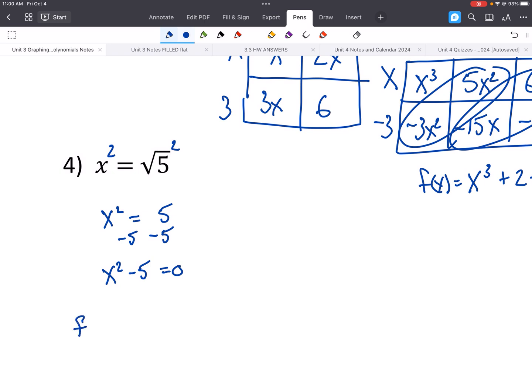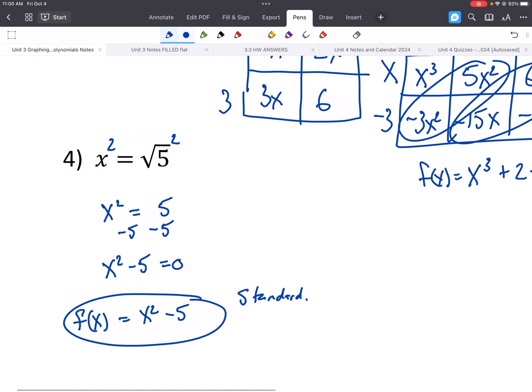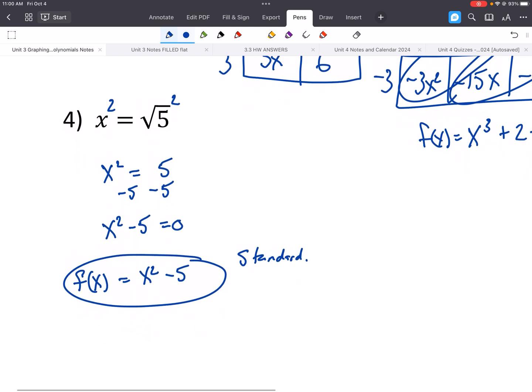We'd get f of x equals x squared minus 5. And this is in standard form. So you will always be writing your answers in standard form if we ever have an irrational, like a square root, or an imaginary. Okay?